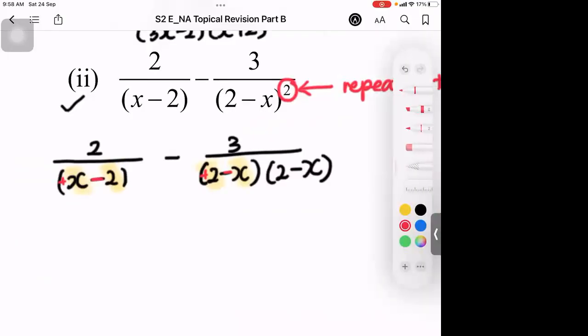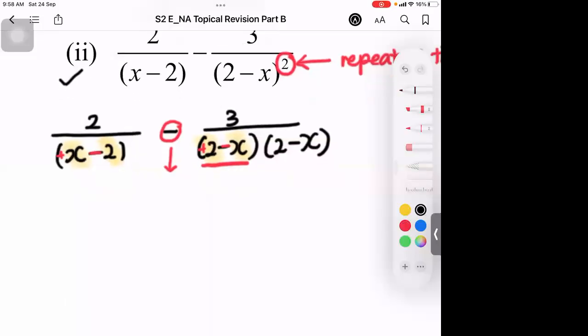One negative to change one pair of brackets. So in this case, I will multiply a negative to this one, and I change only one pair of brackets. When I multiply by negative, this one will become positive. This one stays the same, x minus 2.